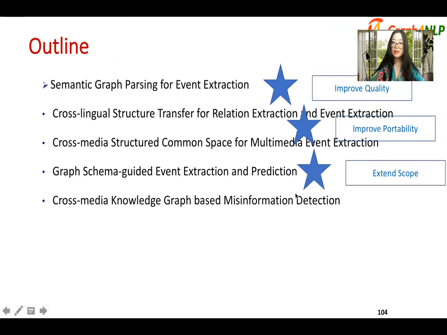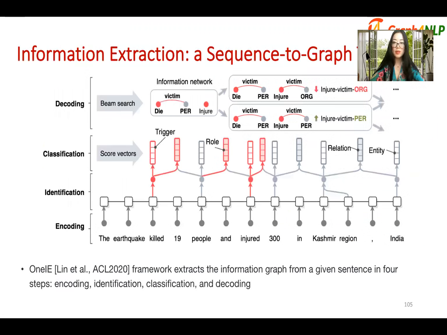So let me talk about the first direction of using graph learning algorithms for improving the quality of information extraction. The traditional way to use deep learning for IE is to encode a sequence as input.